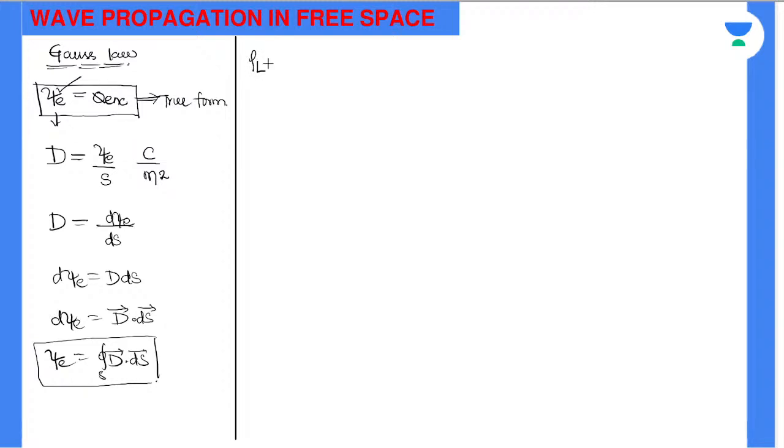If you consider a line, it contains line charge density. It is total charge in the line by total length. If you consider a small length, the charge associated with it is dq. It is dq by dl, unit coulomb per meter. From this dq is rho l into dl. From this Q is line integral of rho l dl.